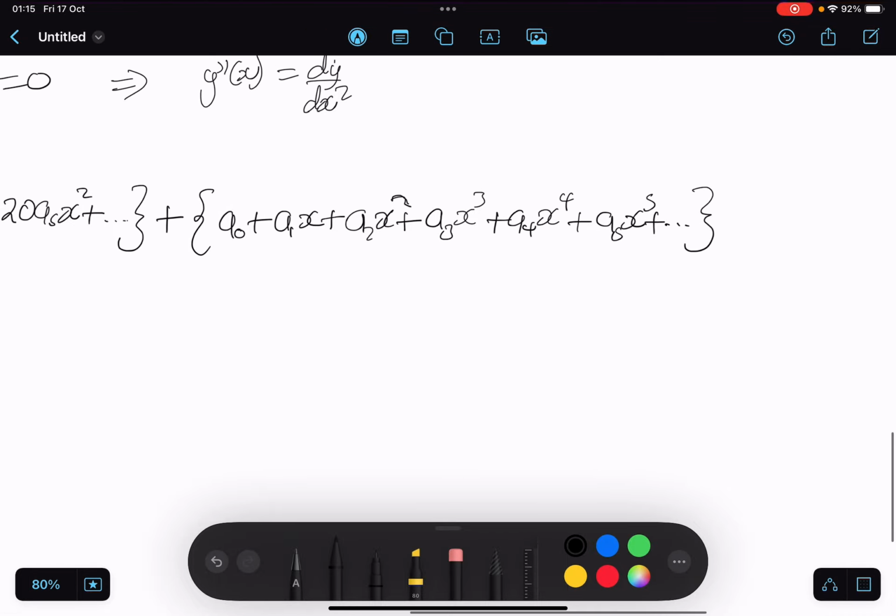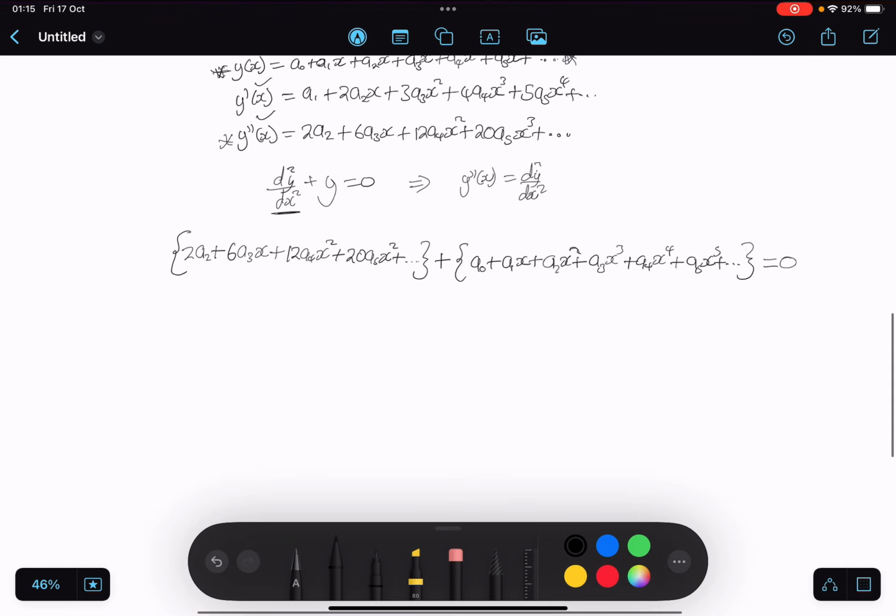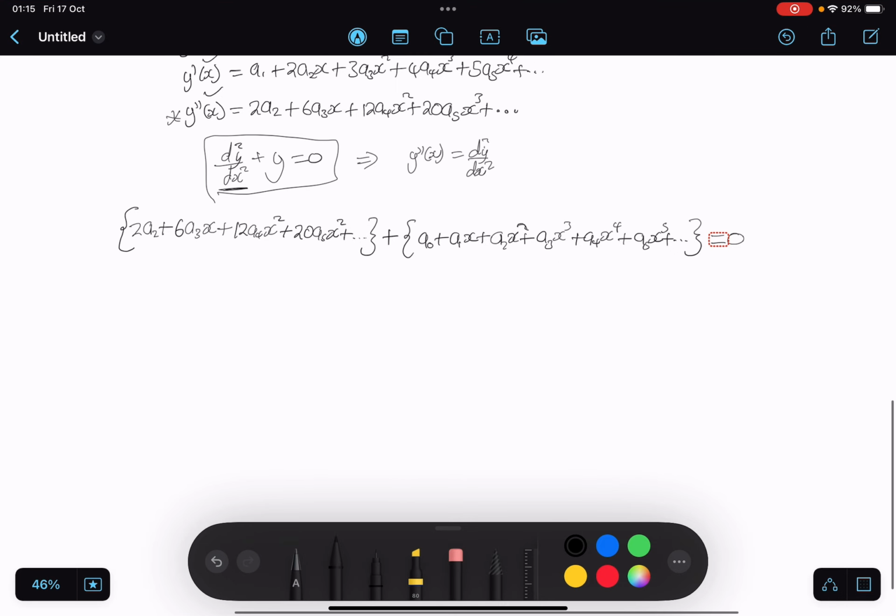So now this is equal to 0. I've rewritten this second order homogeneous differential equation in this series form. Then from here, I'm going to collect like terms in terms of my variables.